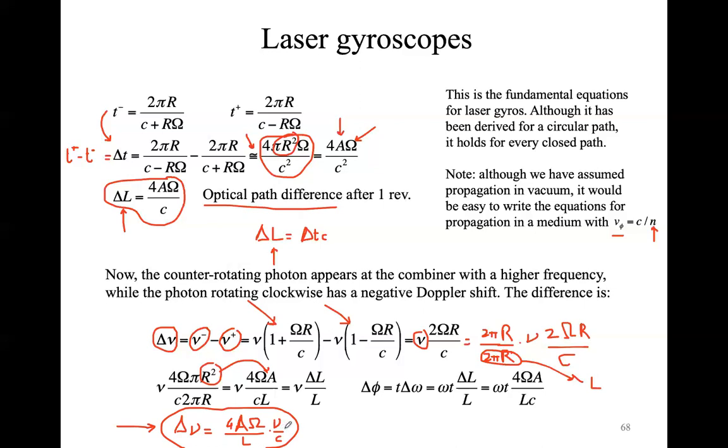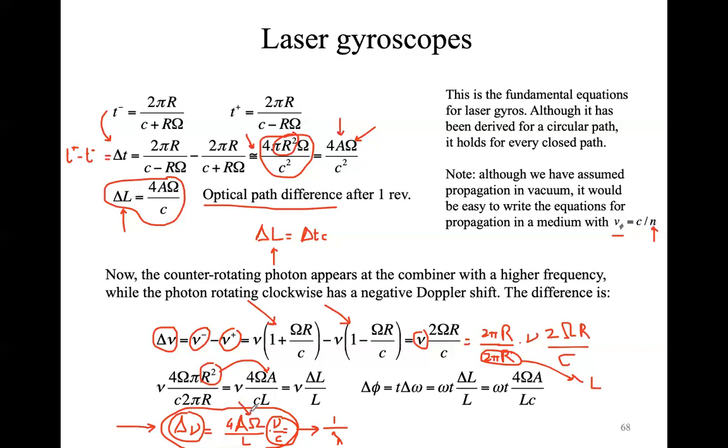So nu divided by c is 1 over lambda, the wavelength of your laser beam. It is a well-known property of the beam that you are using in the gyroscope. So A, L, and lambda are known parameters. The only unknown is omega. So if you are able to measure the delta nu of the two beams, you are able to determine omega.